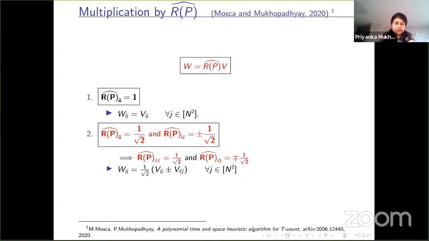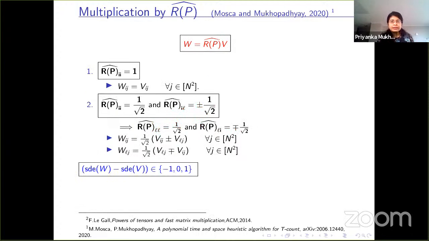Then the ith row and the lth row of W become a linear combination of the ith and the lth row of V. And the difference between the ST of W and V is at most 1, so it can be minus 1, 0, or 1. This is important when we derive our heuristic algorithm.